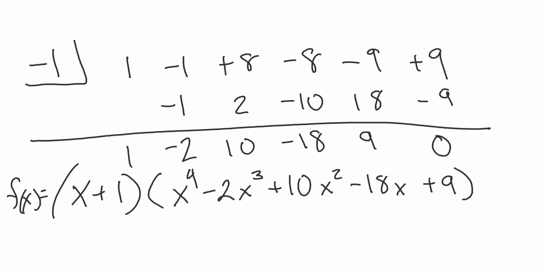So we took our 5th degree polynomial, we found one of the roots, we factored it out, and this is what's left.